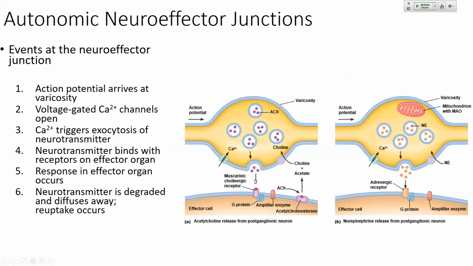And depending on what this neurotransmitter is, if it's acetylcholine, as in this first image, it's going to go and bind to this muscarinic cholinergic receptor. Why is this not a nicotinic cholinergic receptor?